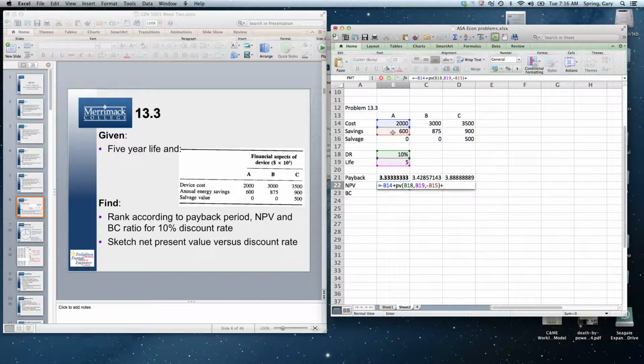So I'm gonna use present value. The rate, I'll use 10%. Number of periods is 5. Now this isn't a payment, so I'll skip that one and go right to future value. And again, it's a positive, so I'm going to take the negative of it.